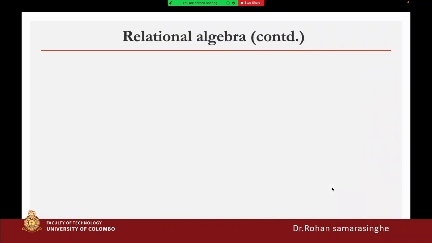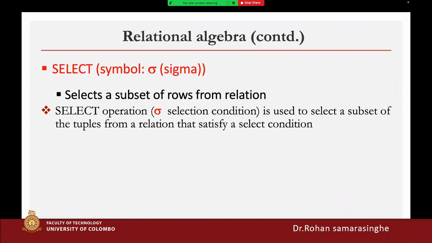We'll try to practice an example. Select, symbol sigma, selects a subset of rows from a relation. The select operation uses a selection condition to select the subset of tuples from the relation that satisfy a relational condition.